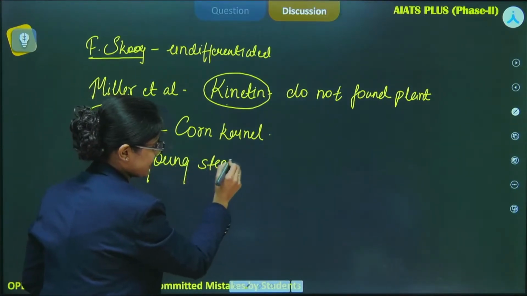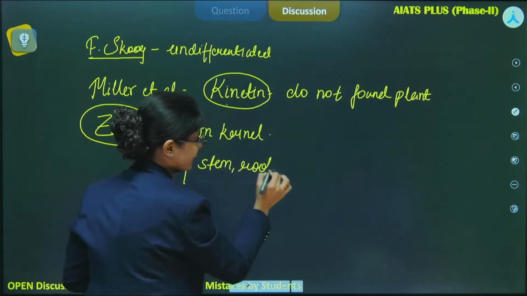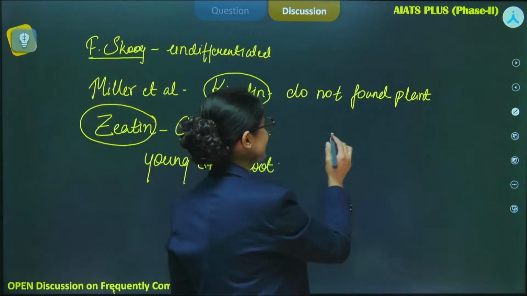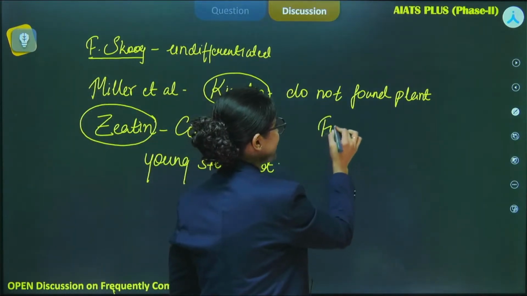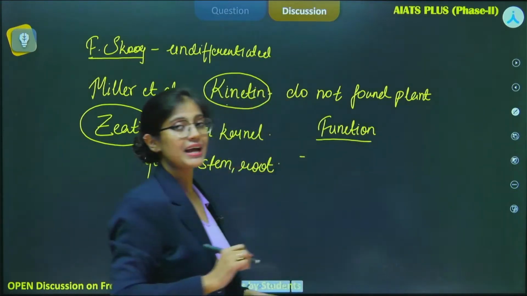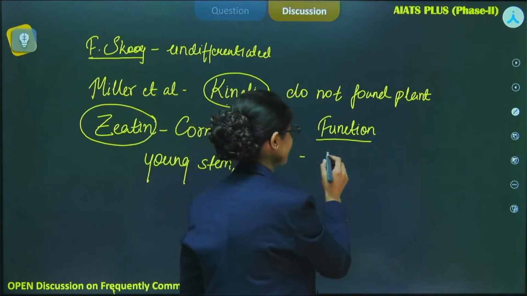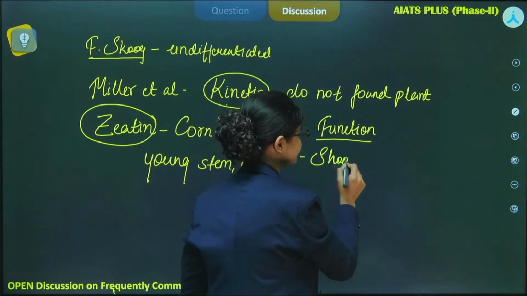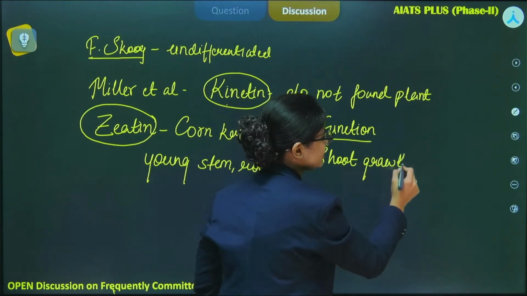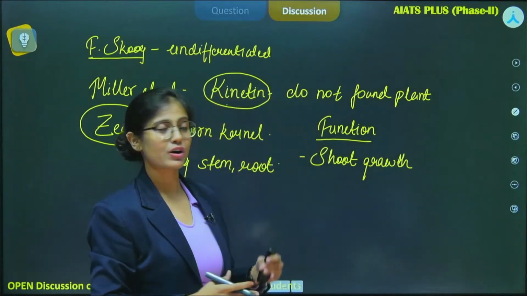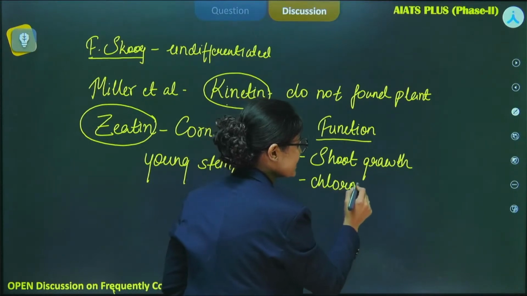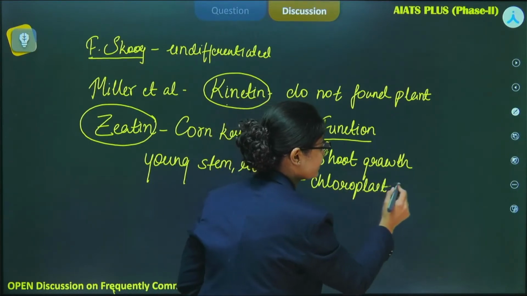These are their sites. Now, the physiological functions of cytokinin: the first function is that they help in shoot formation or shoot growth, including lateral shoot formation, adventitious shoot formation, etc. Along with that, chloroplast production and new leaf formation are also facilitated by cytokinin.